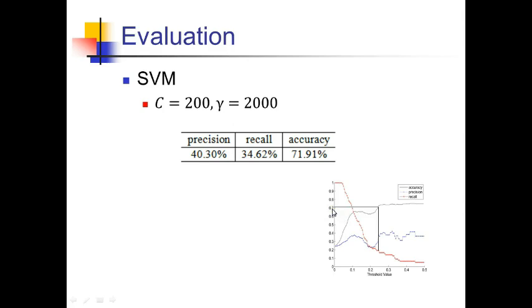For TF times IDF, when the threshold value gives an accuracy of 70%, the recall rate is only about 20%, and the precision is only about 30%. That is 10% lower than the SVM results.